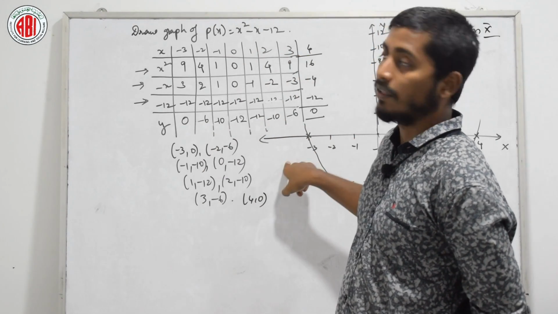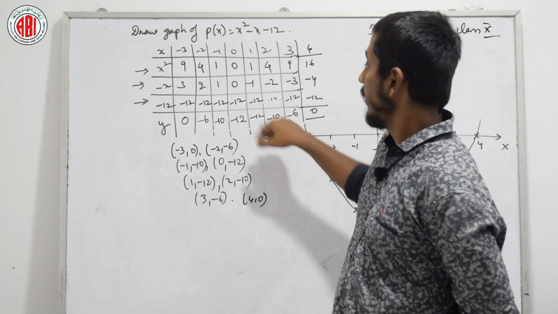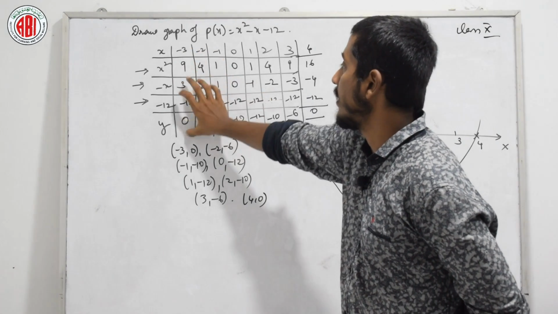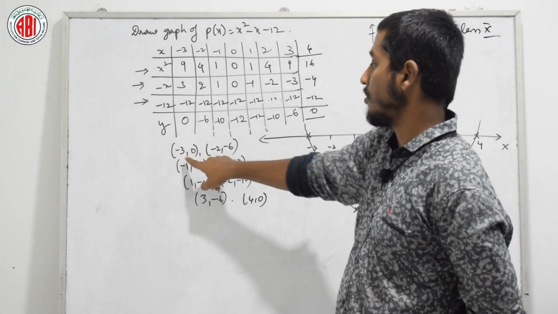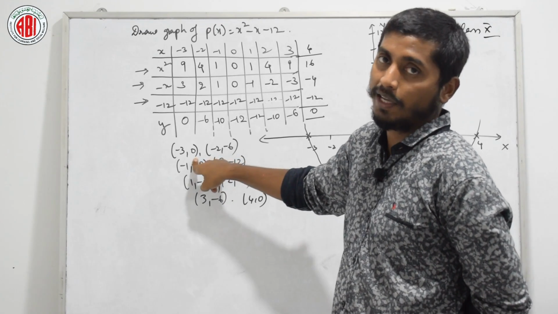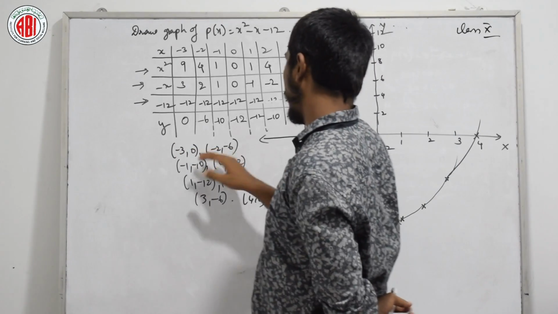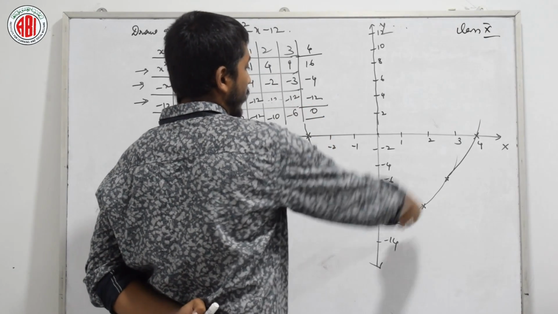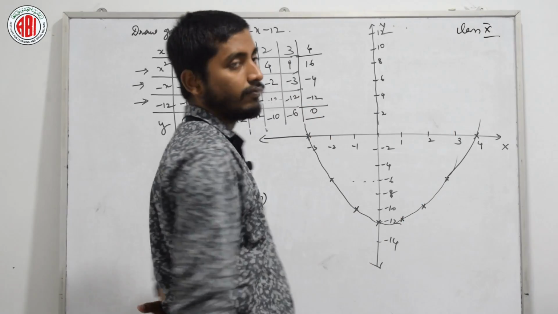Is it clear? This is how we get different coordinates by writing -3, 0, -2, 6, that is, it should be in the form of x, y. Now mark these different points on the graph in order to get a curve.